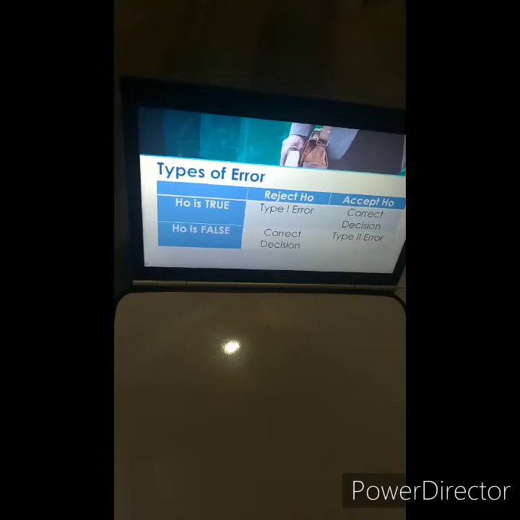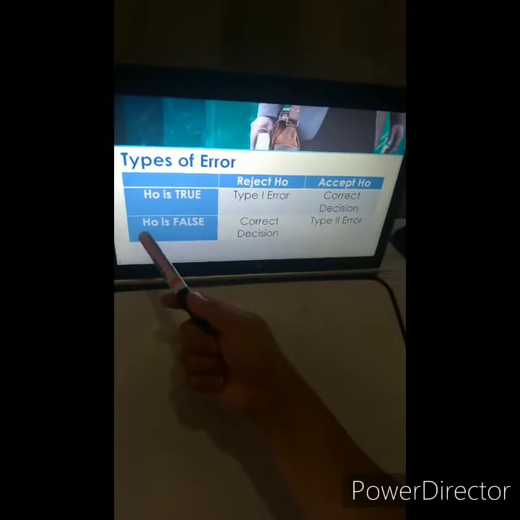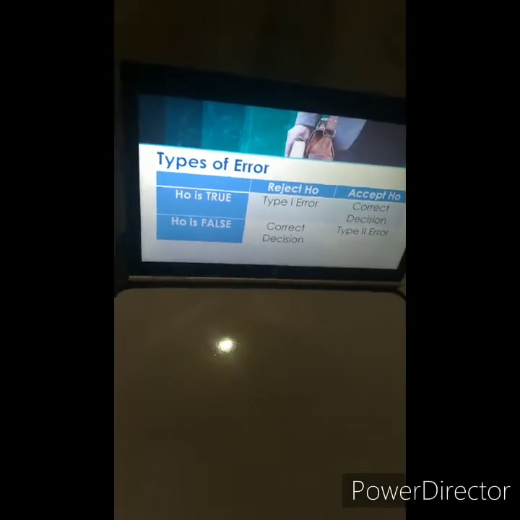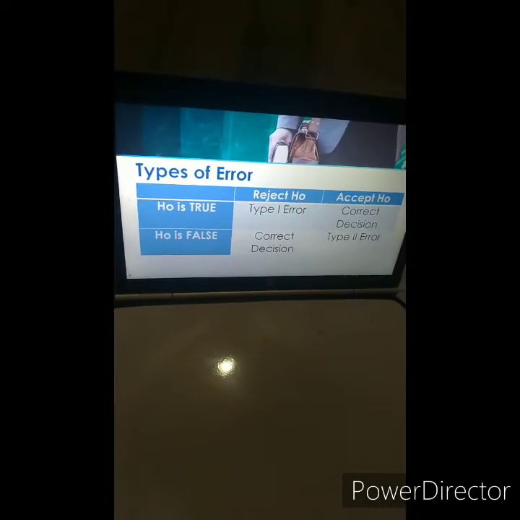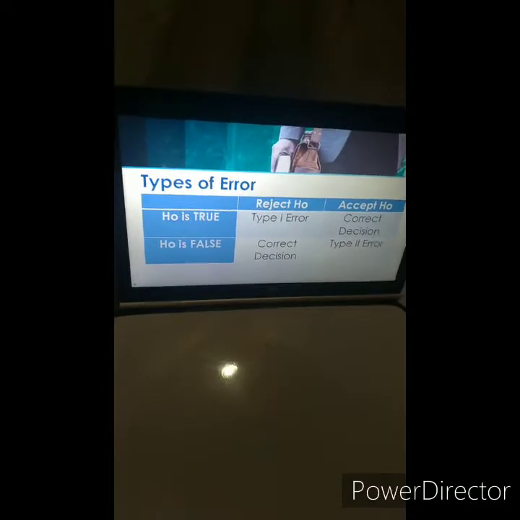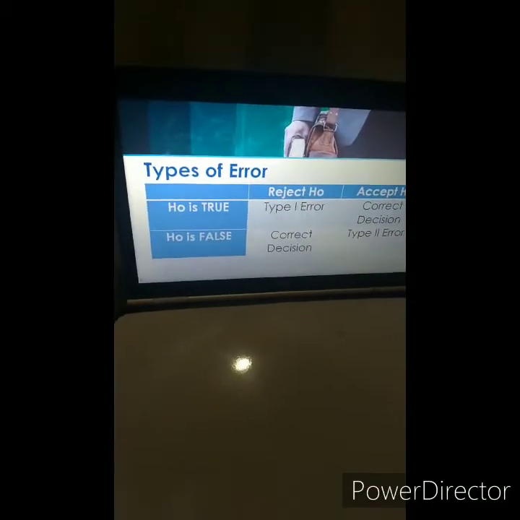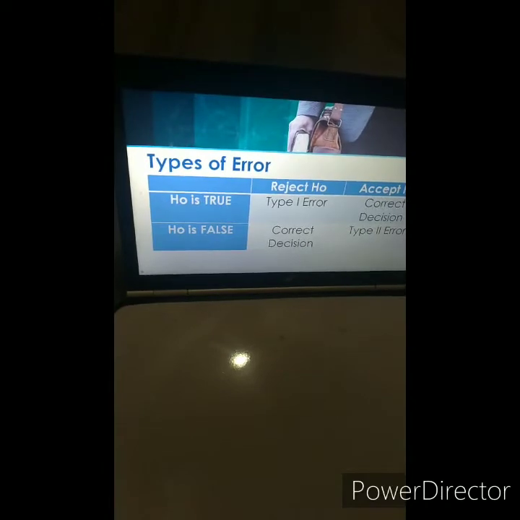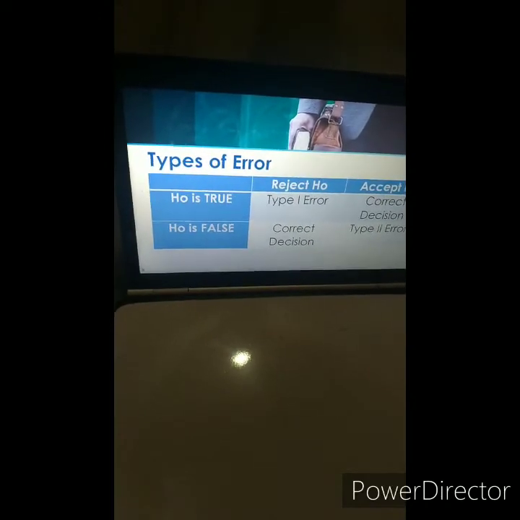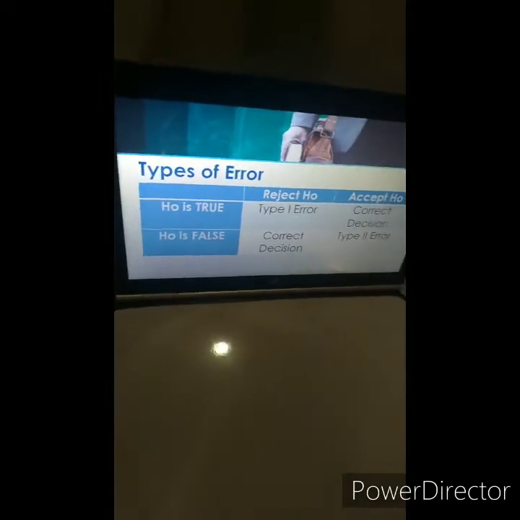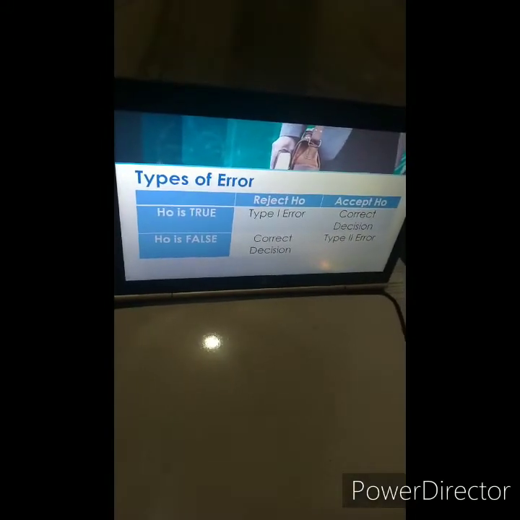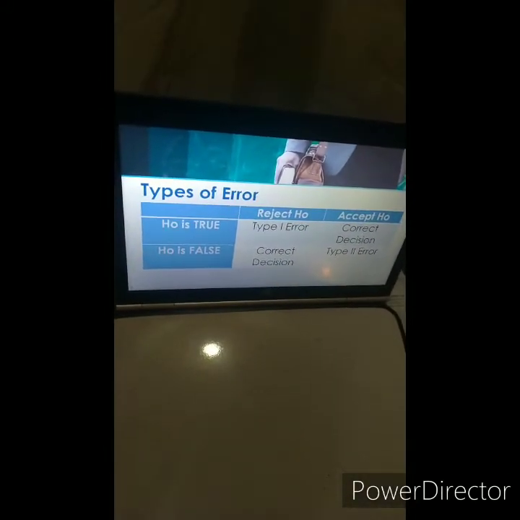Now for the type 2 error, the null hypothesis is false, but still you accept the null hypothesis. Another example: let's say we have Pedro. Pedro is the suspect for the murder crime, and Pedro actually did it. In reality, he is a murderer.